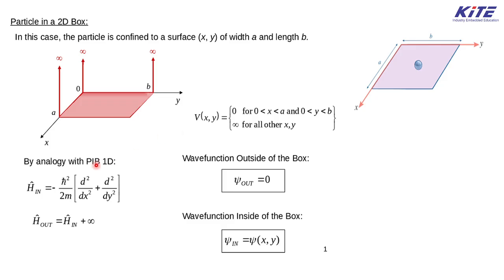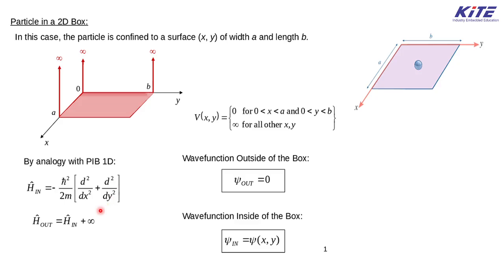The Hamiltonian operator is given by minus h cross squared divided by 2m, d squared by dx squared plus d squared by dy squared, plus V of x comma y.